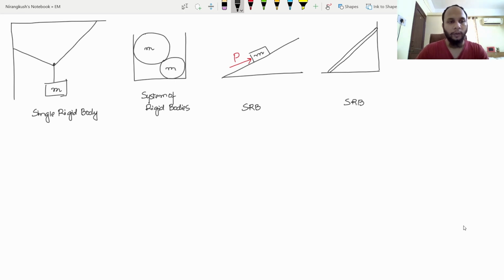Now, what if I give you a system like this? Let's say there is a pin joint and there is a link which is again pin jointed, and there is another link like this with a roller at its end. And let's say there is a force P being applied here.